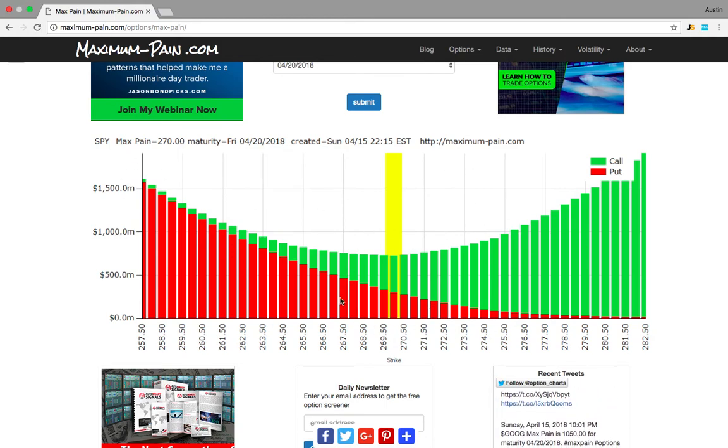But again, this is the general location where if the stock ends up at this price, then the majority of people will lose money. That's just what the market makers are looking at. Again, this is not a proven strategy, so do not trade primarily based off this. It's just something good to look at to get a reference. I will actually be testing out this strategy more, seeing how effective it is.